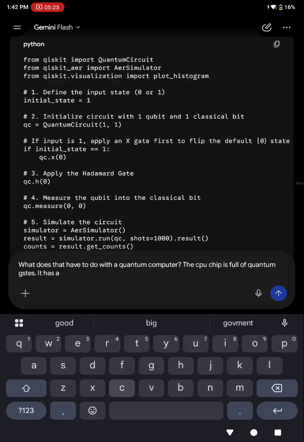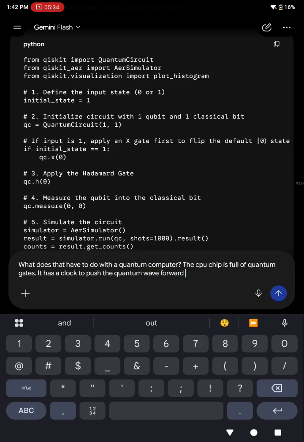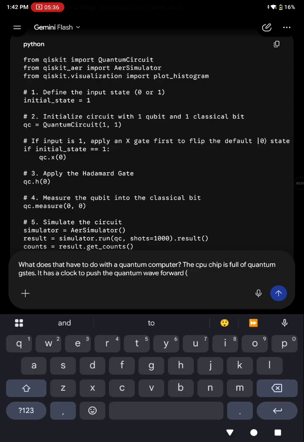It has a clock to push the quantum wave forward. So that gives us the time domain wave equation.